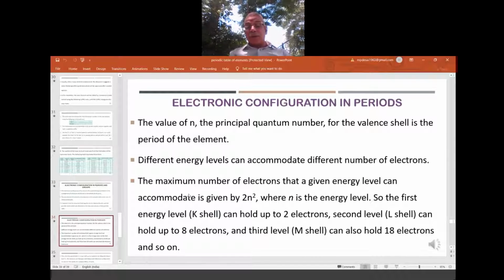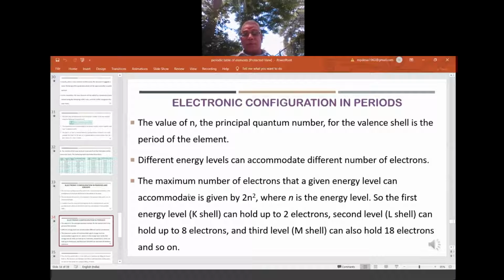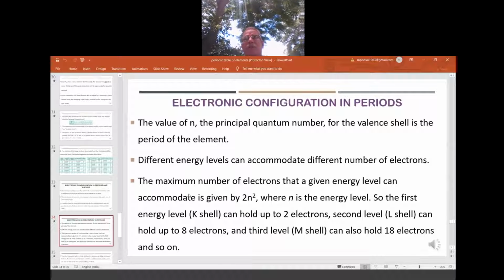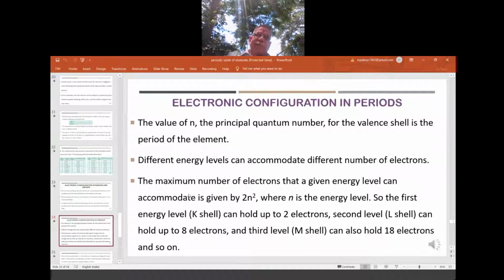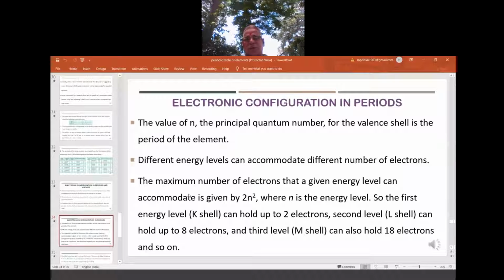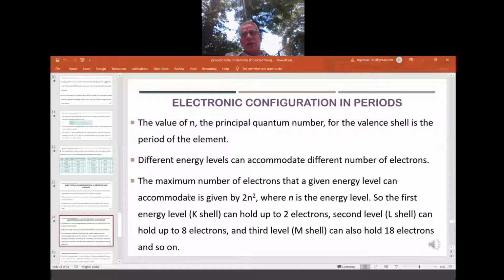Next, electronic configuration in the period. Taking the example of the second period, it starts from lithium, then beryllium, boron, carbon, nitrogen, oxygen, fluorine, and neon. These are the members of the second period.